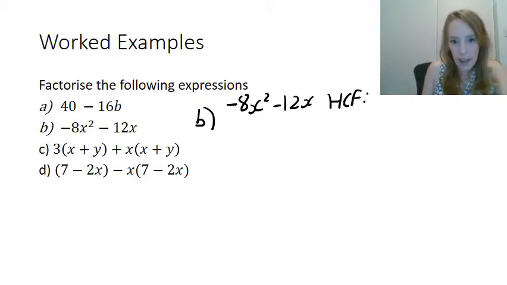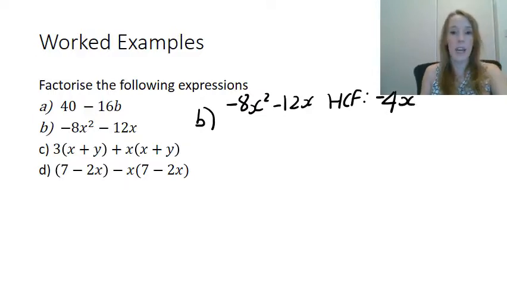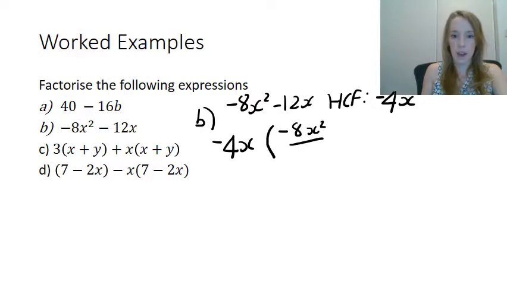So we're going to make it negative. Negative 4x is our highest common factor. So at the front of our brackets, negative 4x, negative 8x squared divided by negative 4x, take 12x divided by negative 4x.